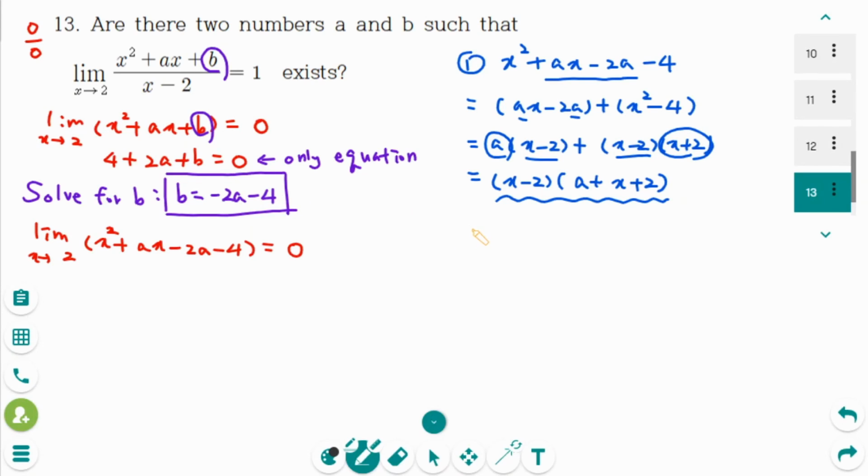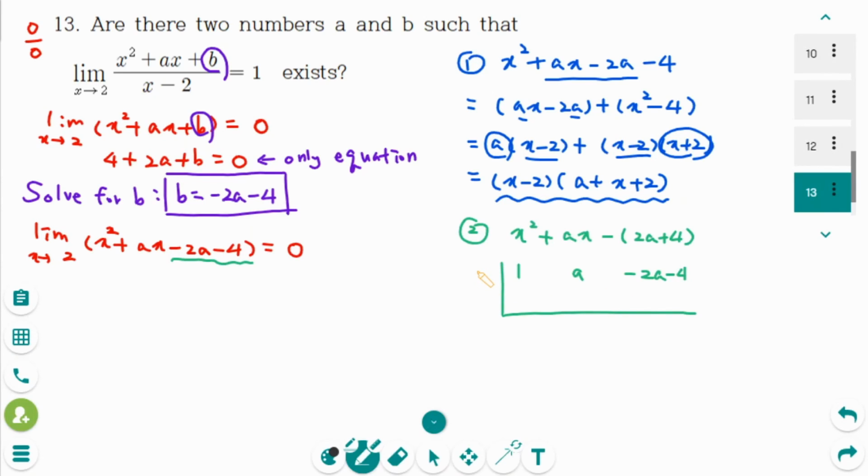The second way is using synthetic division. So this one is x squared plus ax. So actually that one is the constant term. So there are only 3 terms. So the coefficients are 1, a, minus 2a minus 4.